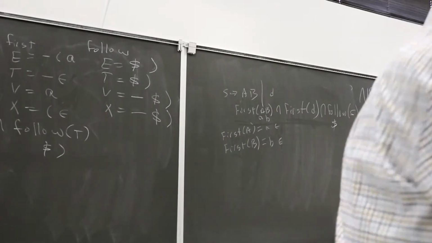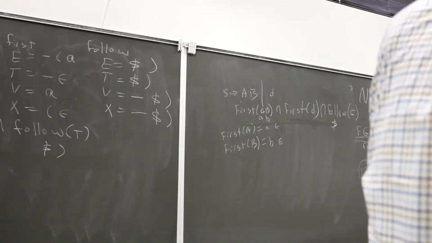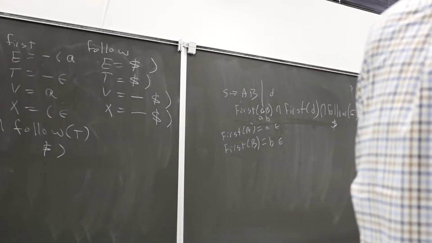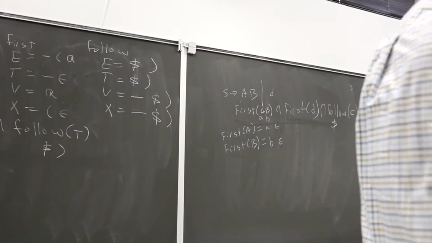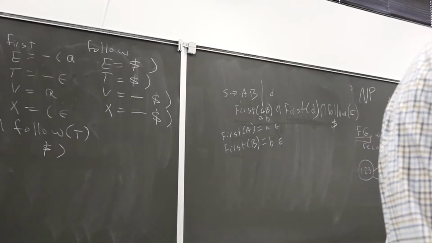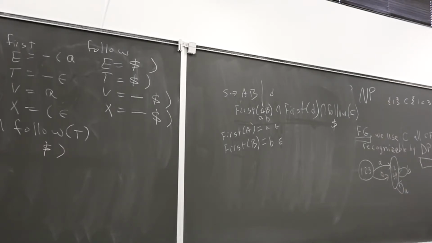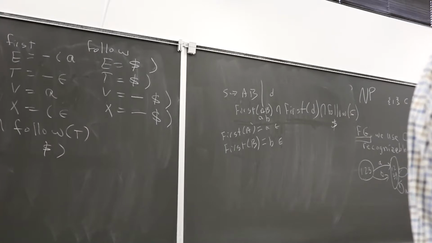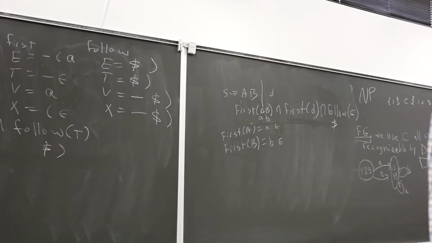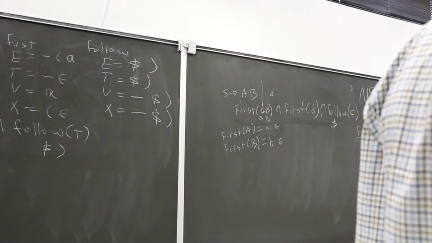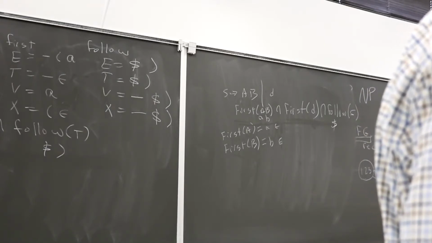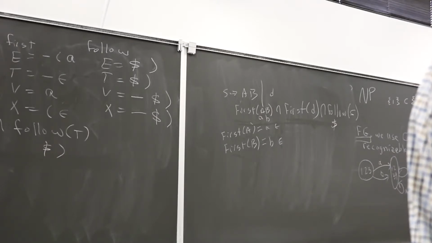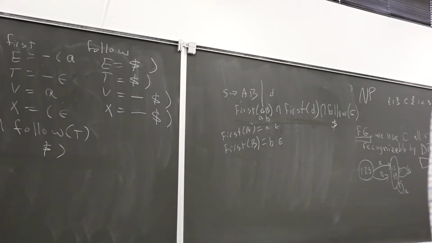So if you had to, in the worst case, write the follow of S on that line, and you're saying it's not top-down parsable, that's because even with it fully written out, there's some common character.